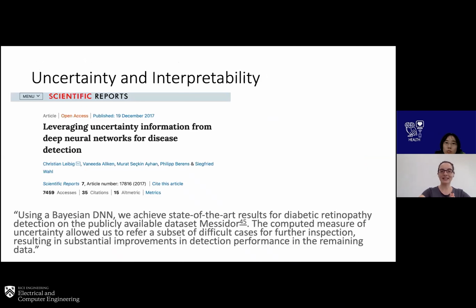There are techniques that introduce uncertainty and interpretability. This is a paper that uses Bayesian deep neural networks to solve the problem of diabetic retinopathy, and they try to introduce the level of uncertainty of the prediction on this sort of image recognition data set.